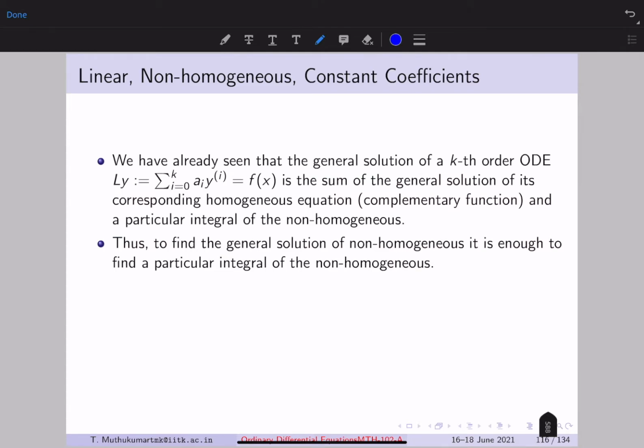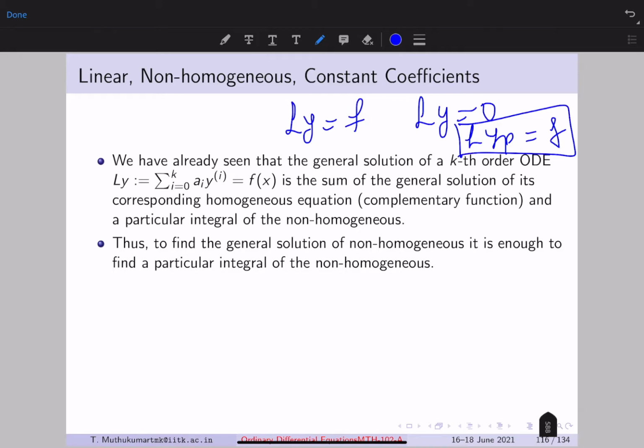Therefore, to solve an equation of the form Ly equal to f, there are two steps. One is you solve the homogeneous equation, and you find one solution for the non-homogeneous equation.